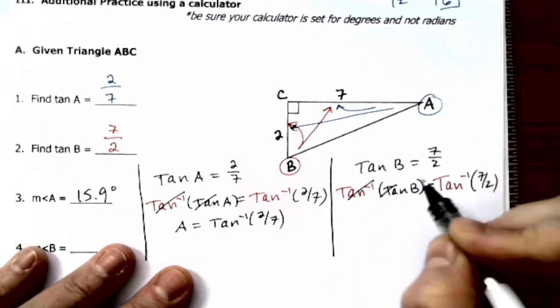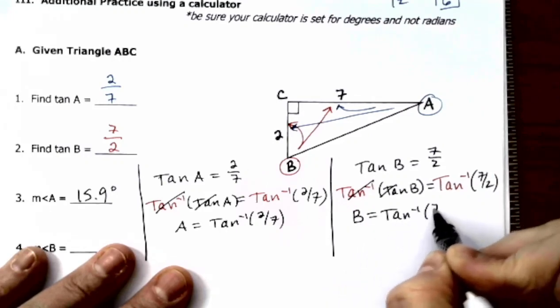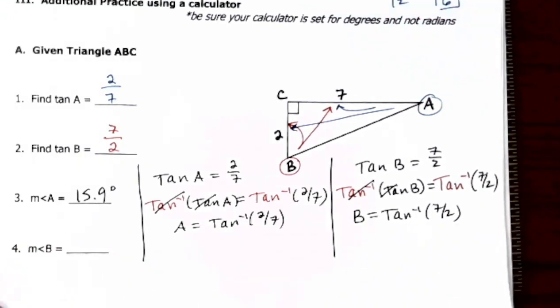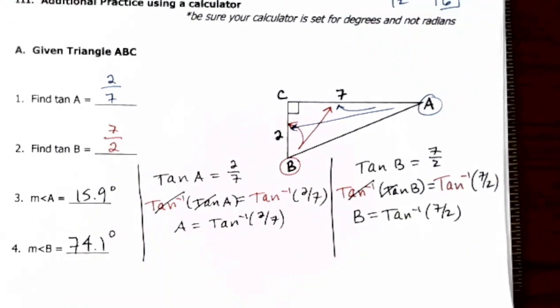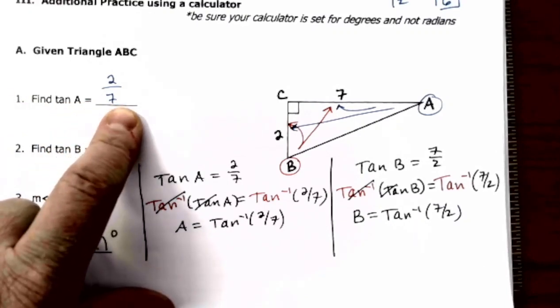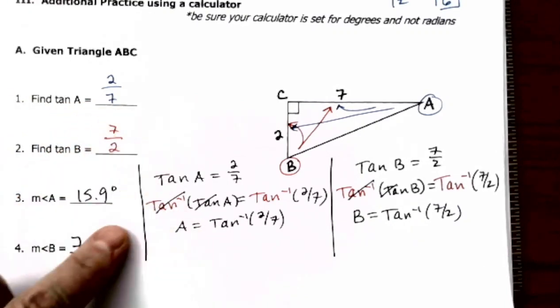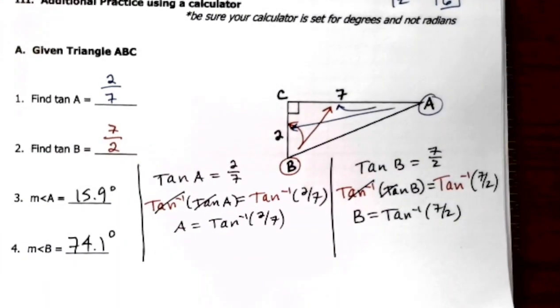Arctangent cancels out tangent. Angle B is the arctangent of 7/2. We put that through our calculator and we get 74.1 degrees. So if they're looking for what it's equal to, the ratio, you do the fraction. If they want the angle, you have to solve for it.